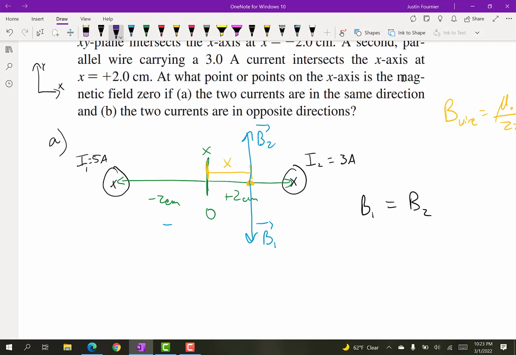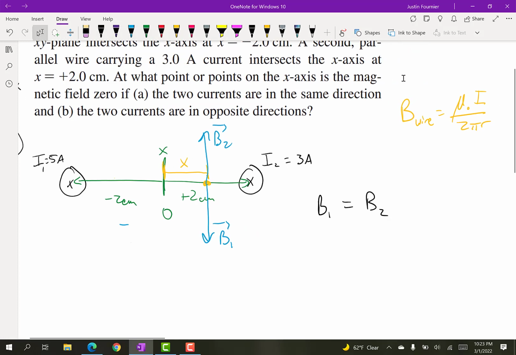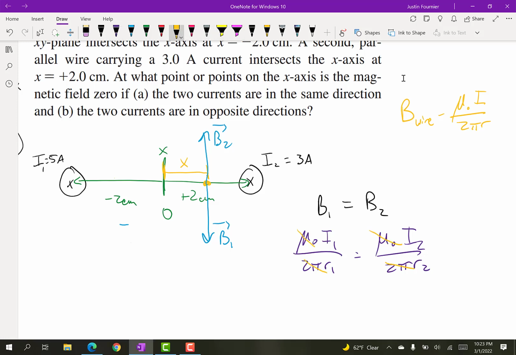So I can use this equation here: mu naught times current 1 divided by 2 pi r1 equals mu naught times current 2 divided by 2 pi r2. And what's nice here is mu naught cancels out, 2 pi cancels out. So none of those things really matter here.